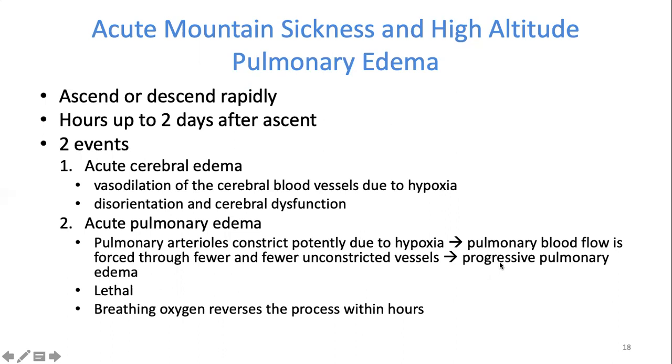And because of this, there's progressive pulmonary edema. There's a backup of fluid in the lungs because of these constricted blood vessels. And this could be lethal because you will not be able to breathe. And breathing oxygen can reverse the process within hours.